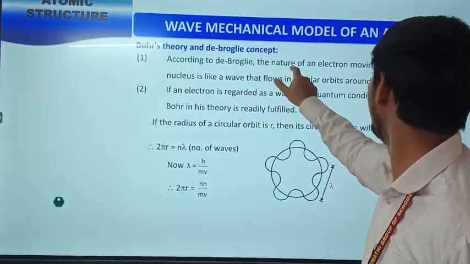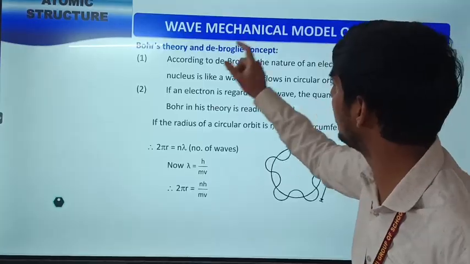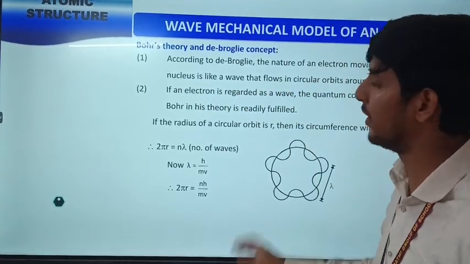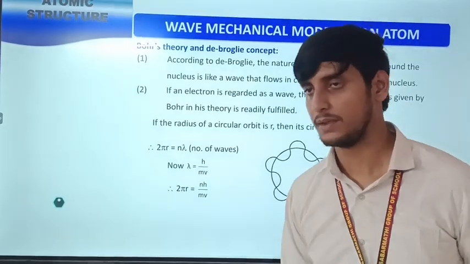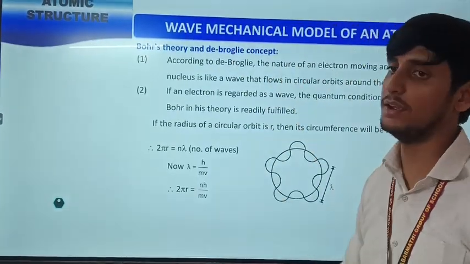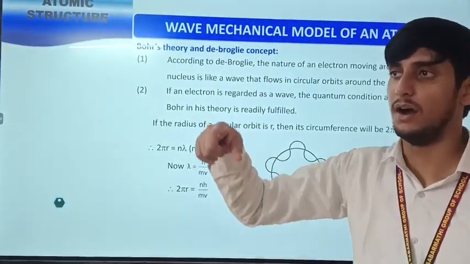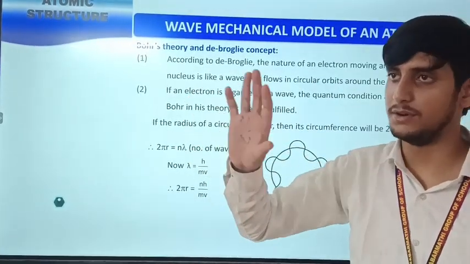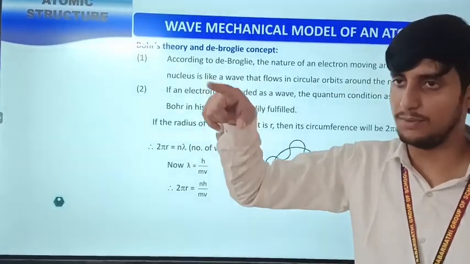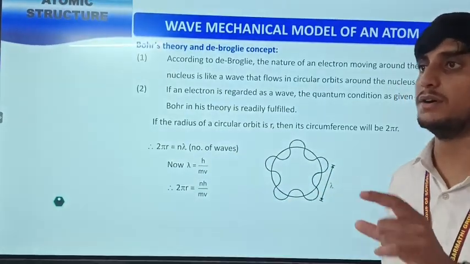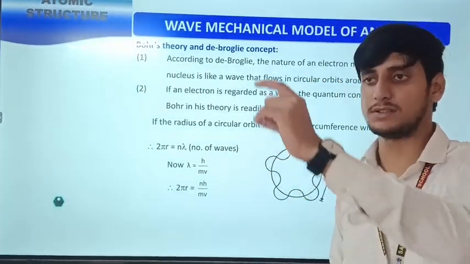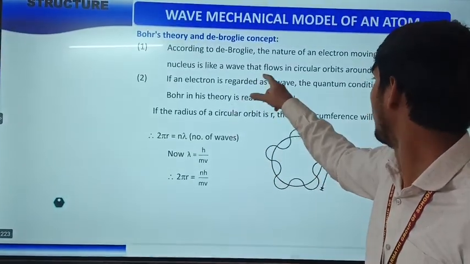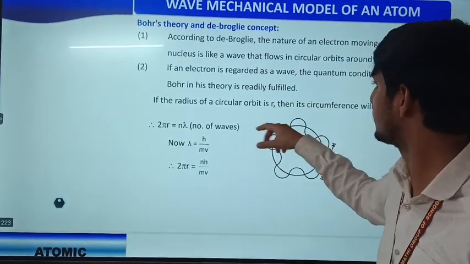According to de Broglie, the electrons moving around the nucleus behave like a wave flowing in a circular orbit around the nucleus. A wave has troughs and crests.